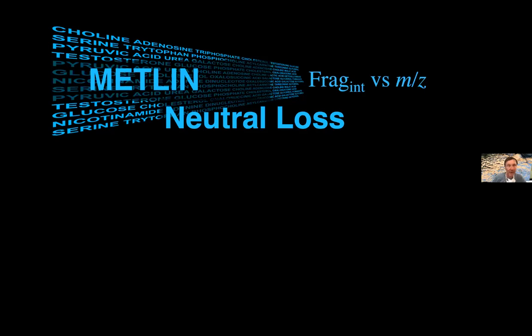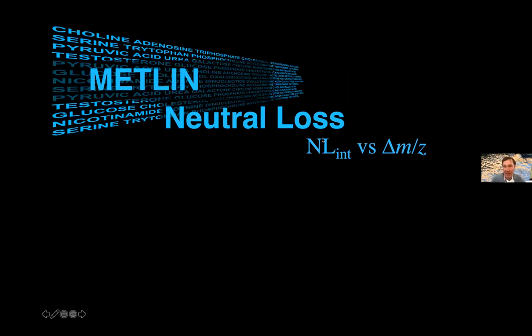What we've been doing, and we're doing this in multiple different ways, but I'm just going to describe one of those ways, which is the Metlin neutral loss database that we've created. Instead of fragmentation intensity versus m/z, now we can describe it as neutral loss intensity versus delta m/z.